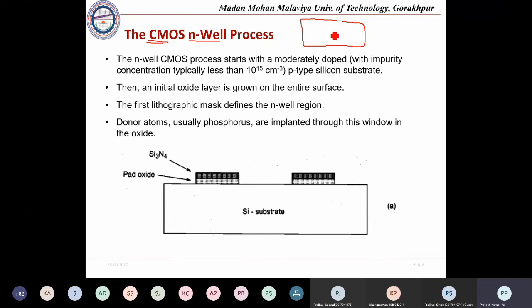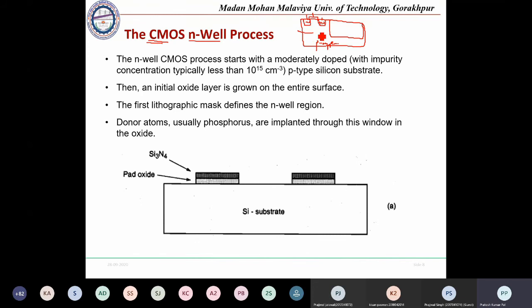On the single substrate, once we are going to design, suppose this is your P type substrate. On P type substrate, we can design N plus and N plus regions.